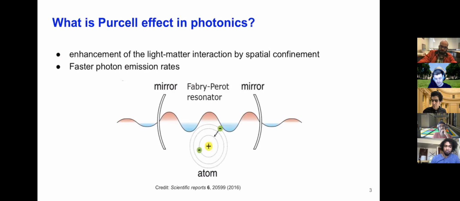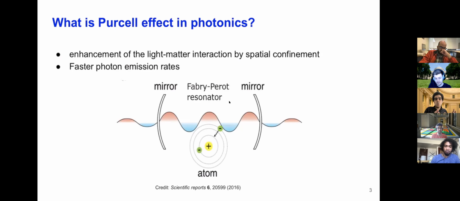Good. So what is the Purcell effect in photonics? Some background. It's the enhancement of light and matter interaction by spatial confinement.